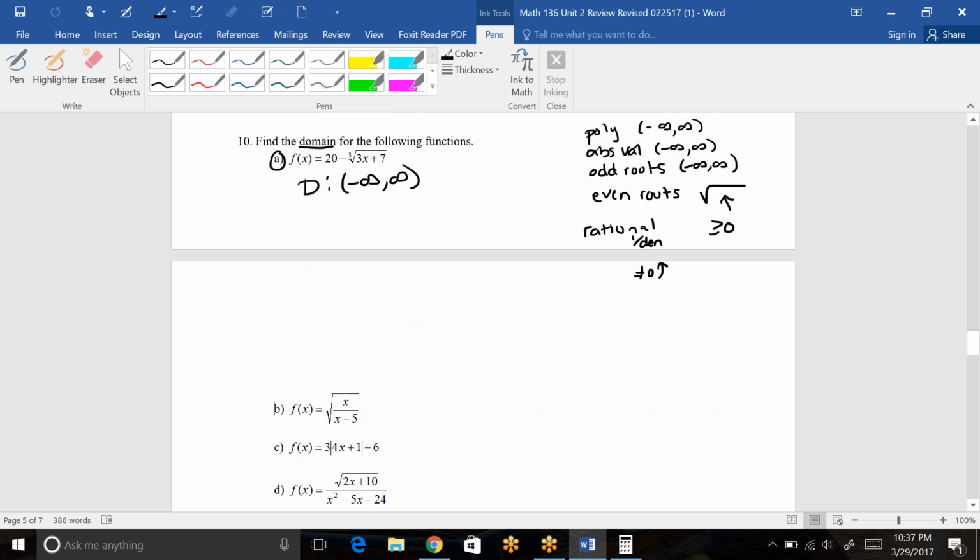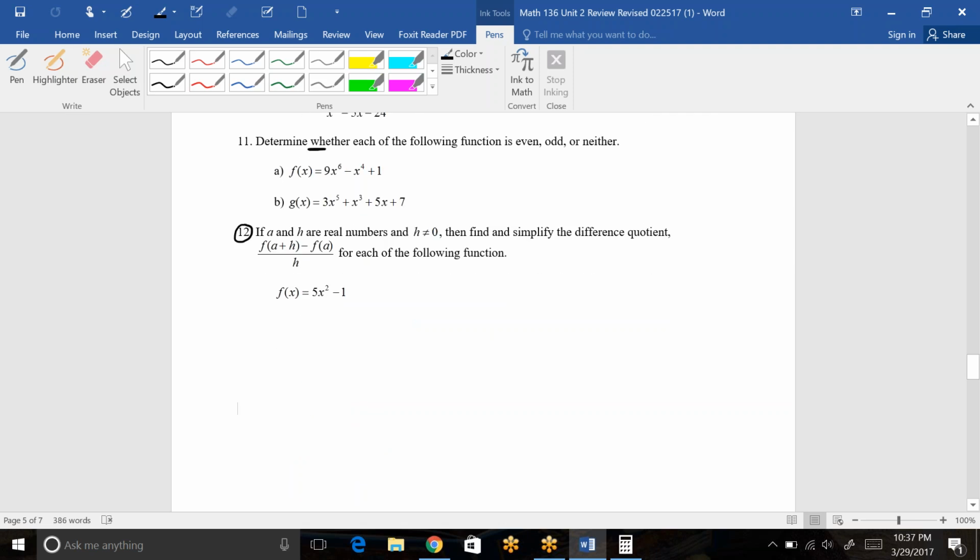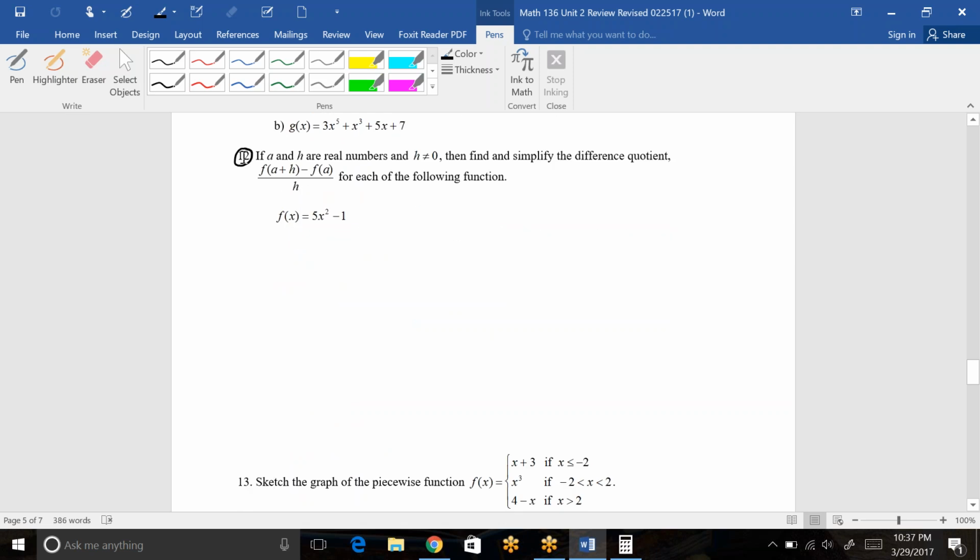Okay, so let's look at number 12. This is the difference quotient. So notice that we have these two things we need to do on top. I always just split them up into separate things and evaluate them one at a time. So I do f of a plus h and go ahead and work that answer out using my function that they provided me with.